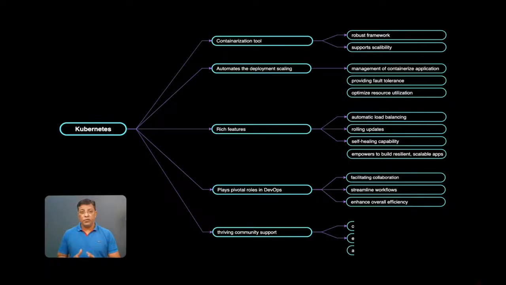Rich features such as automatic load balancing, rolling updates, and self healing capabilities empower developers to build resilient, scalable applications. Kubernetes plays a pivotal role in DevOps, facilitating collaboration between development and operations teams, streamlining workflows and enhancing overall efficiency.